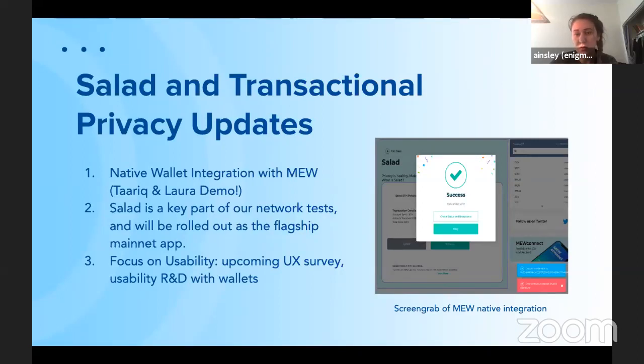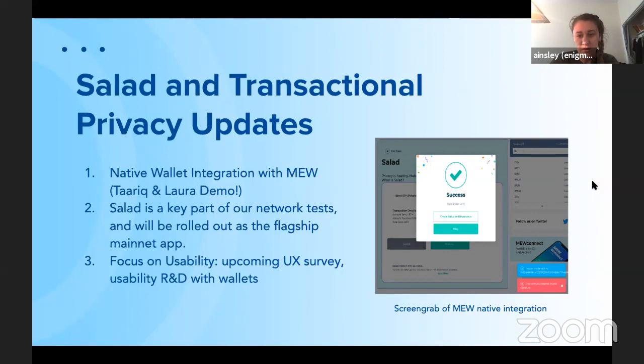MyEther wallet is one, and then we're also coordinating on some more future-facing issues with MetaMask Snaps, where we just opened an issue yesterday. The native MyEther wallet integration is well underway, and we're looking forward to that being wrapped up. In the next 2 slides, Tariq will actually walk you through what he's been building there.